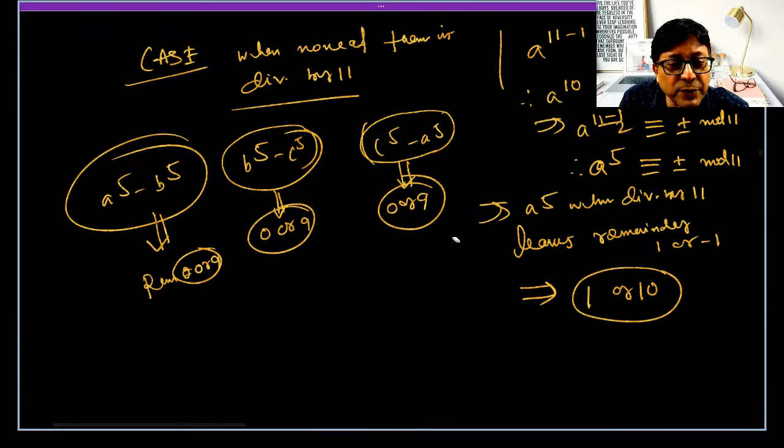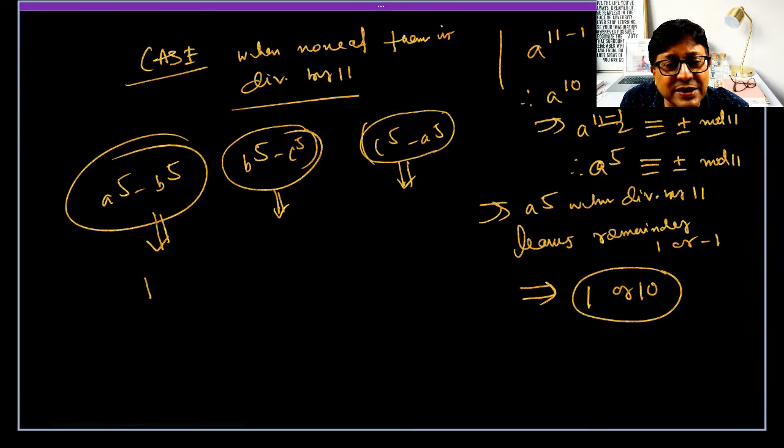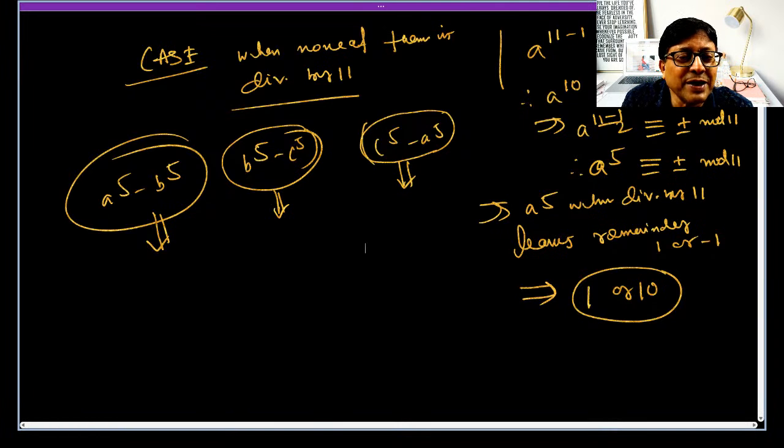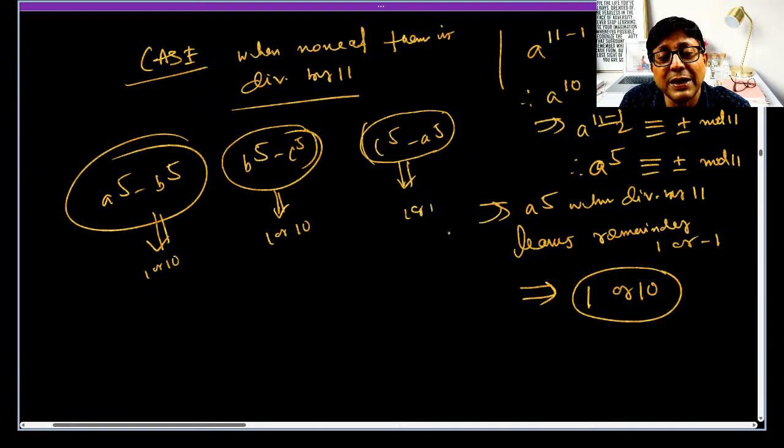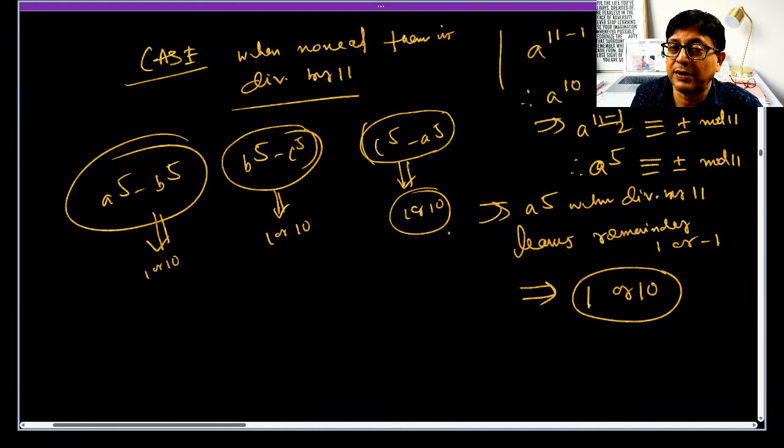You understood this way? If you don't understand, just go by this. Each of them leaves remainder 1 or 10 when divided by 11. So at least two of them leave remainder 1 or 10.